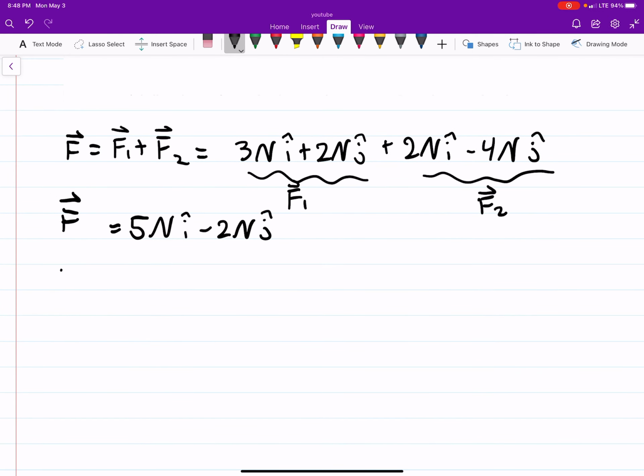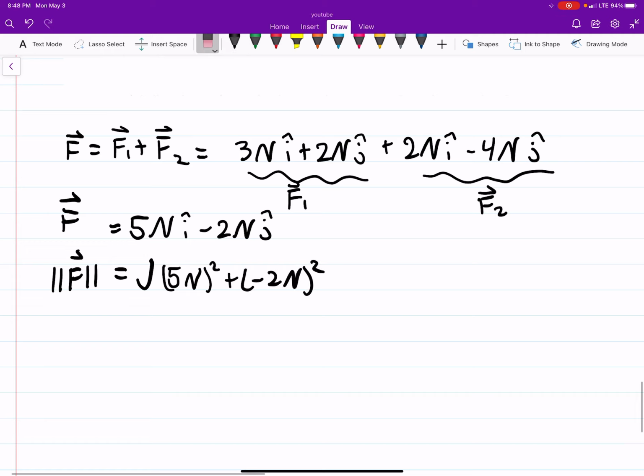Now if we want to find the magnitude of our force, that's the square root of our x component squared. So that's 5 newtons squared plus negative 2 newtons squared. Oops. If you want to be technical, there's an i hat in here and there's a j hat in here.